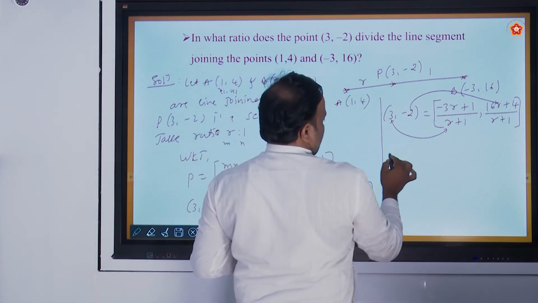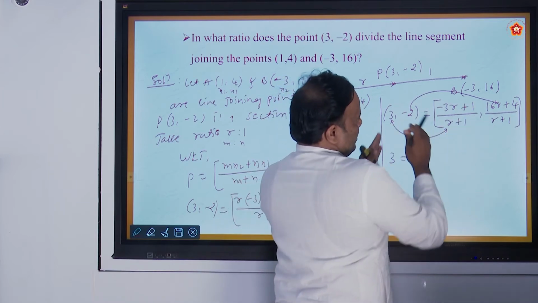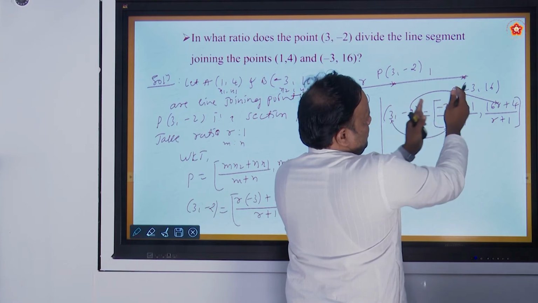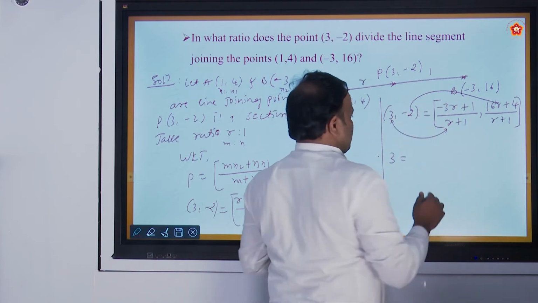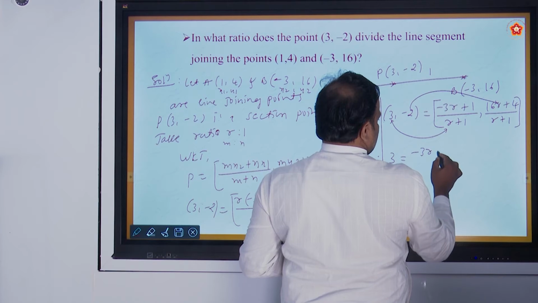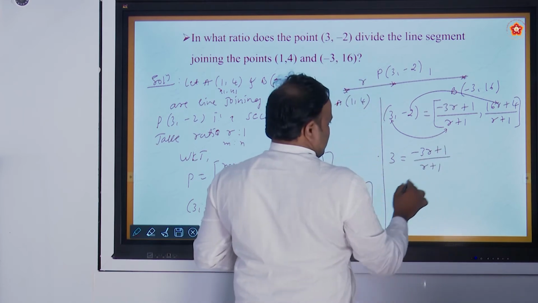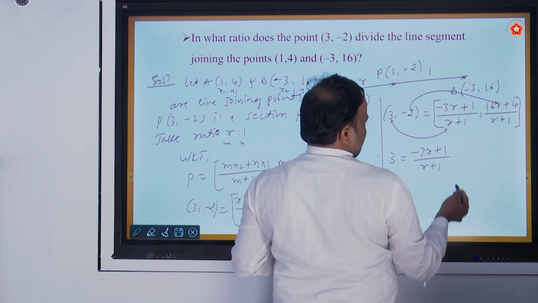Okay, therefore 3 is equal to, because this is also in the form of xy, here is the equal to sign, no? Equating both, 3 equal to this term and minus 2 is equal to 16r plus 4 dividing by r plus 1. 3 equal to minus 3r plus 1 by r plus 1. So cross multiplication, you can equate also minus 2 equal to this one, you will get the same answer.